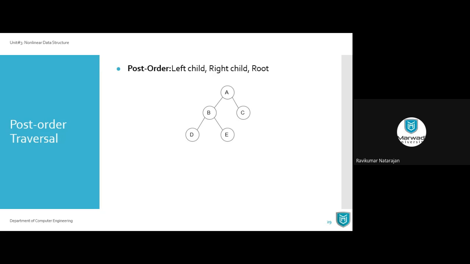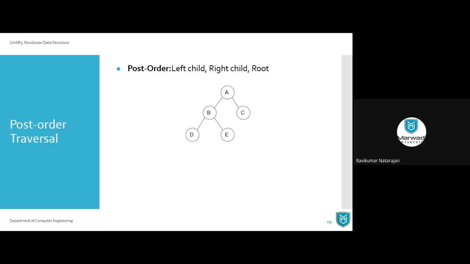So here I have post order. What will be the traversal? Left child, right child, root. So first I have to go to the left child, that is D. Then the right child.